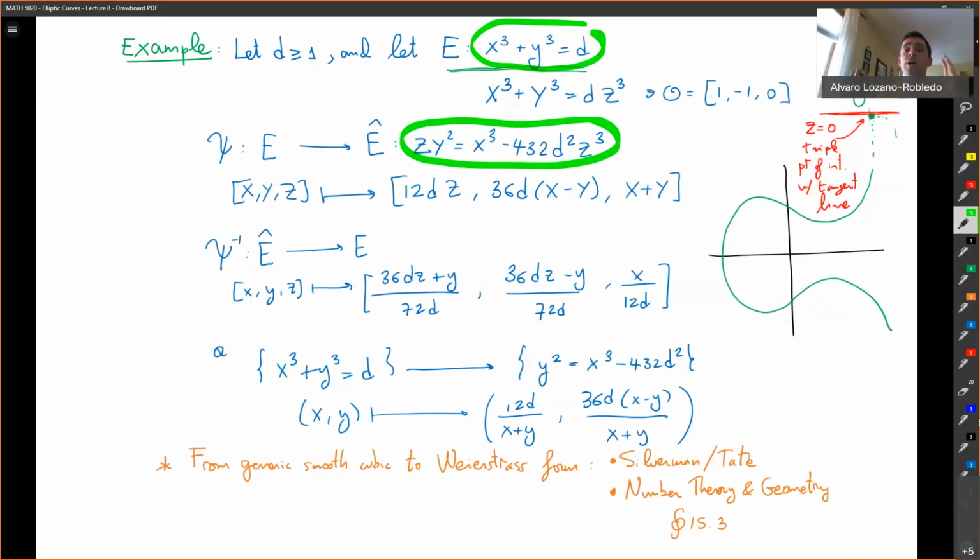You have a way to represent it in projective space, but depending on what generator you choose for the function field, that representation is going to look slightly different. But as long as there is a morphism going one way and the other way, then these two models are giving you exactly the same curve. They have exactly the same rational points, which is what we care about. Mm-hmm. Okay, awesome. Thank you so much. Yes, it does. Great question.